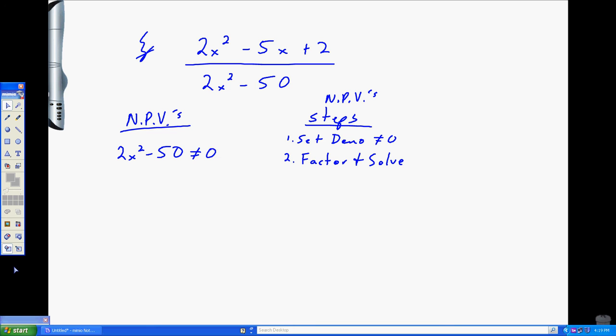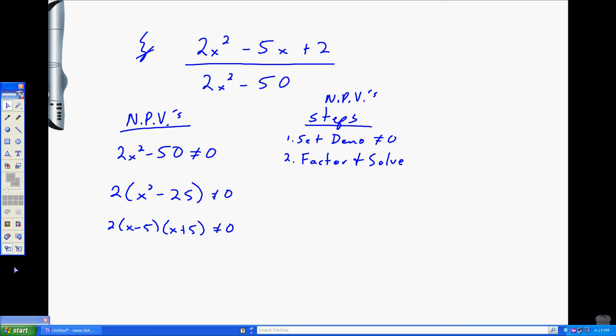So I've set the denominator can't equal 0. I GCF out a 2, and I get x squared minus 25 cannot equal 0. Okay, so we've GCF'd, but we haven't factored completely. So now 2 times x minus 5, x plus 5 cannot equal 0.